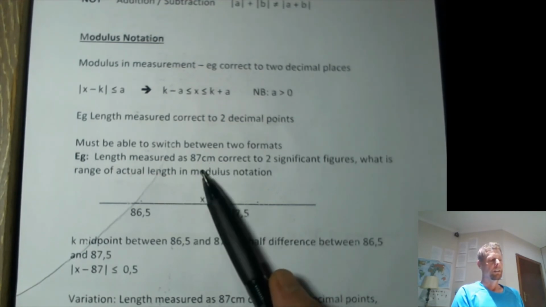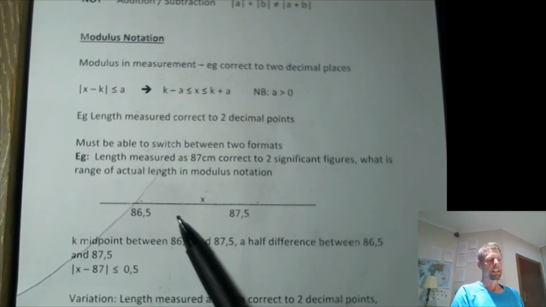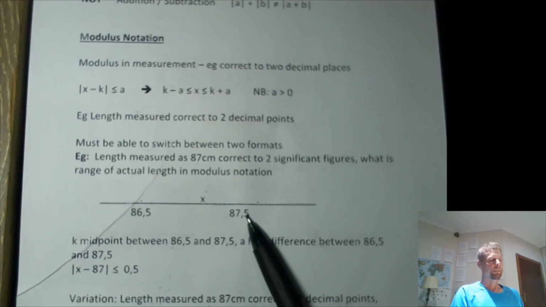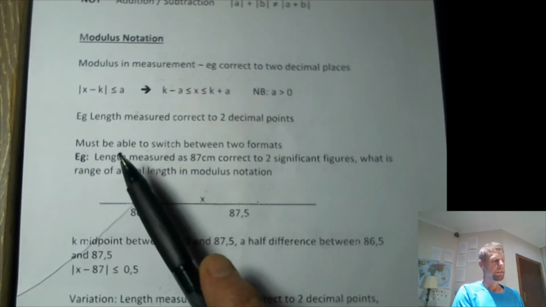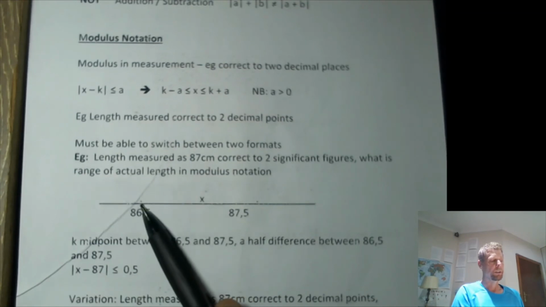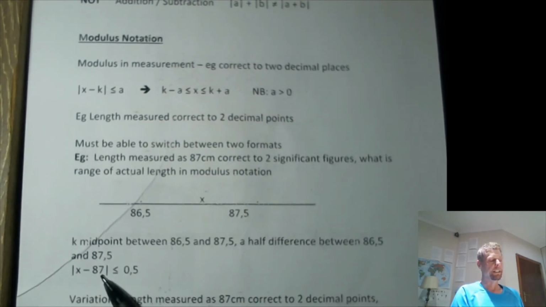Well, the lowest actual value could be 86.5, and it could go as high as 87.5. So k in this notation is actually the midpoint between the two extremes. So k would be 87.